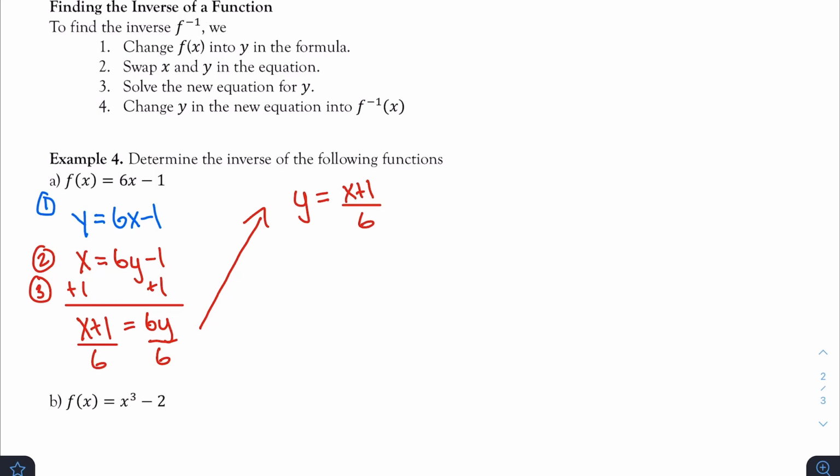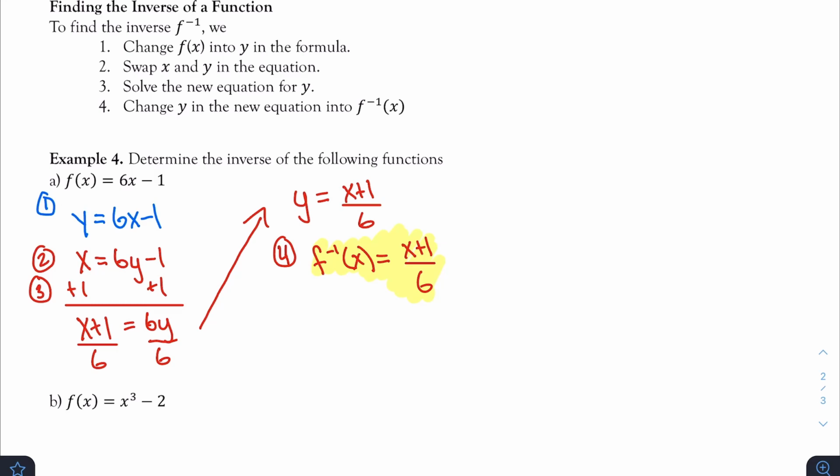So I solve for y. That's my step 3. And then my last and final step is, once I solve for y in my new equation, I turn it back into an f, or in this case an f inverse. So using this, I can find my inverse function. Meaning if I compose 6x minus 1 with x plus 1 over 6, I should get x.